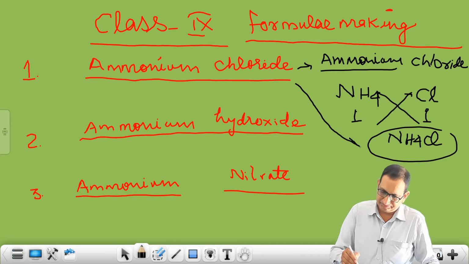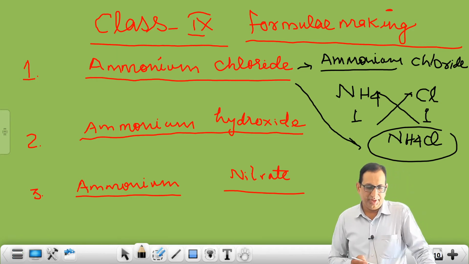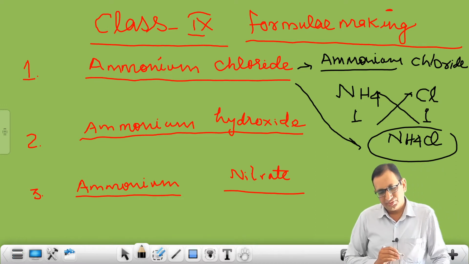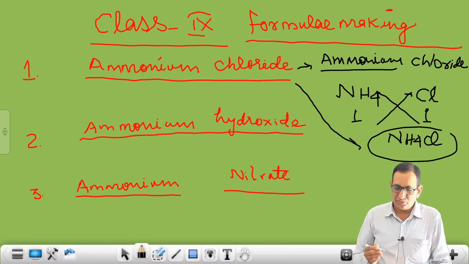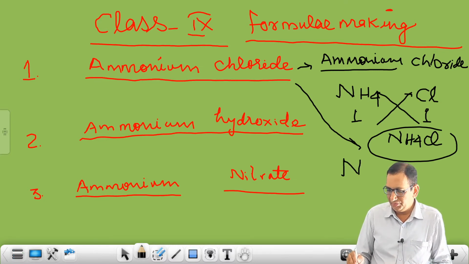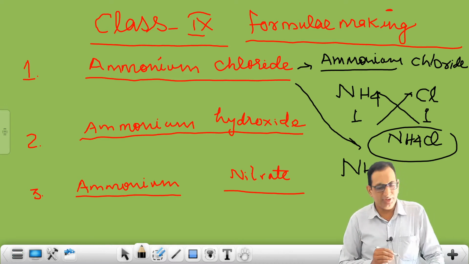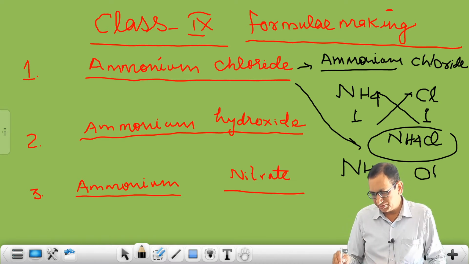Okay students, now we take another example, that is ammonium hydroxide. Once again ammonium is there, so we take NH4 again. For hydroxide we take OH.